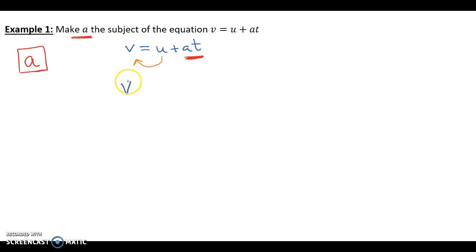So we have v on the left. Now we're going to move the u across. Okay, so the u is going to move across the equal sign. Remember, if a variable or a number changes sides, then we have to change its sign.